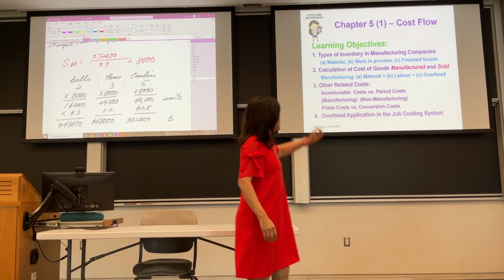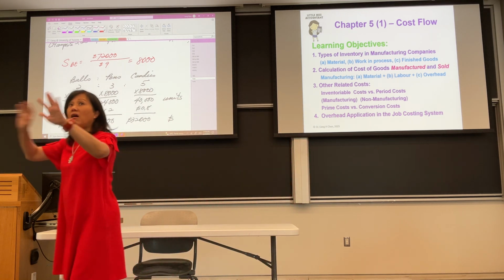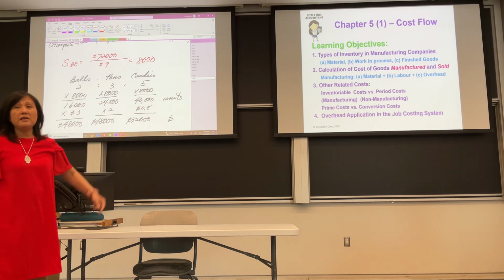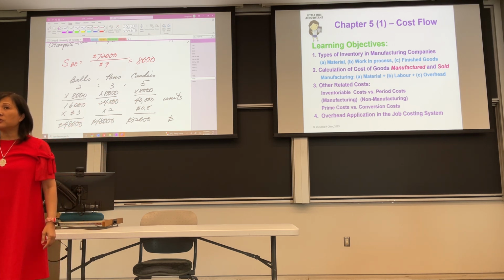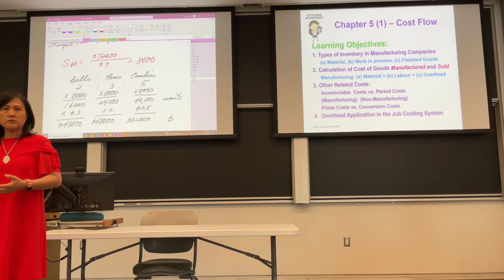So then you have finished goods. You sold some. If you do not sell all of your inventory, you have leftover finished goods inventory. So inventory means you did not sell, you did not get used up, left over. Whatever used up, cost of goods sold.